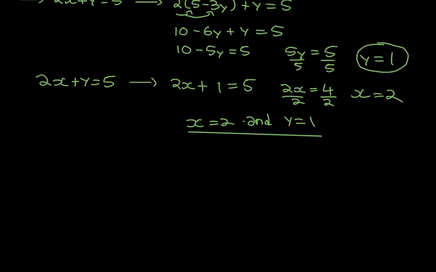Now let's have a look at a second example. Let's say we have the equations 2x plus y is equal to 13 and 5x minus 4y is equal to 13. This can be our first equation and this can be our second equation. Now the same procedure as before: pick an equation, make either x or y the subject of the formula, and then substitute it into the second equation.